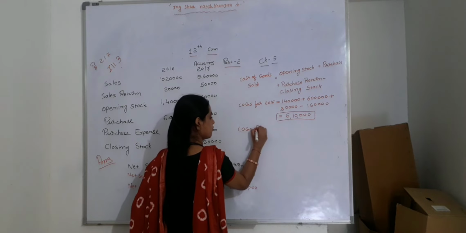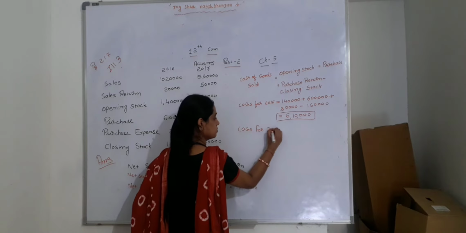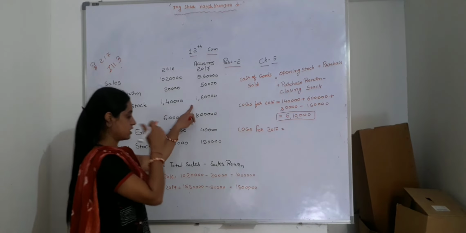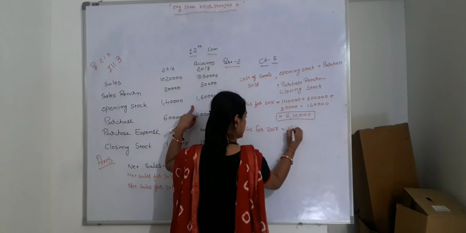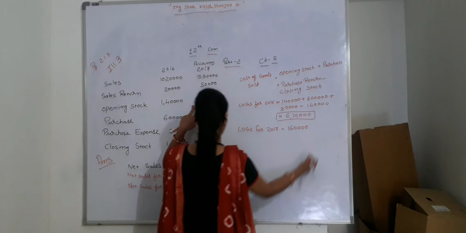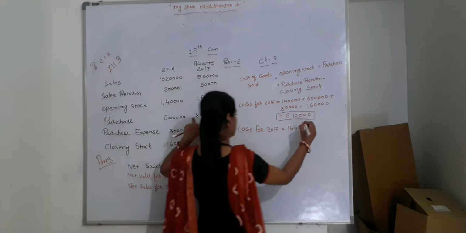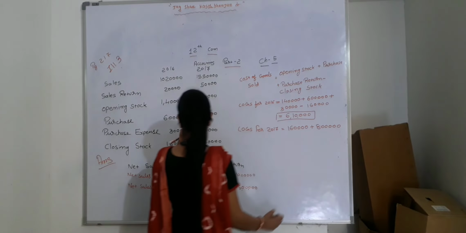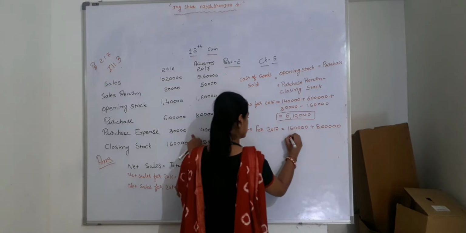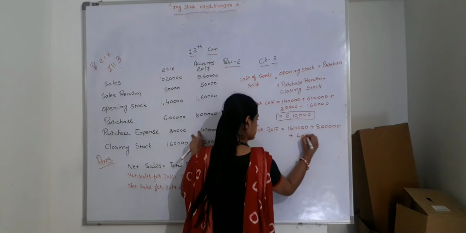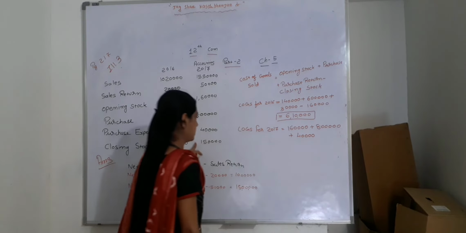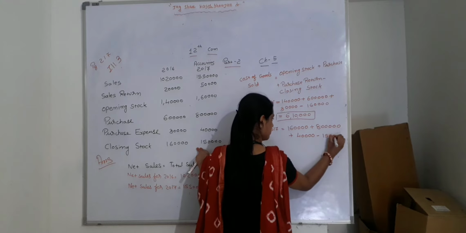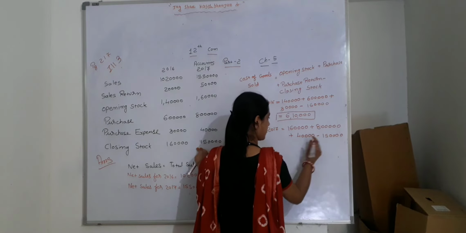Next, we will find COGS for 2017. COGS for 2017 is equal to opening stock 1,60,000 plus purchase 8 lakh plus purchase expense 40,000 and minus closing stock 1,50,000.